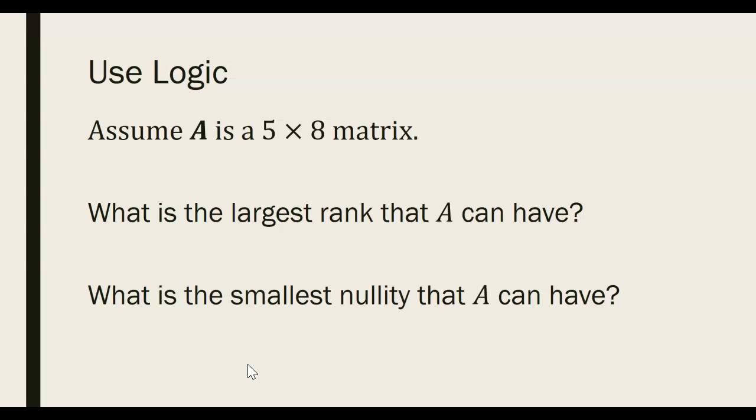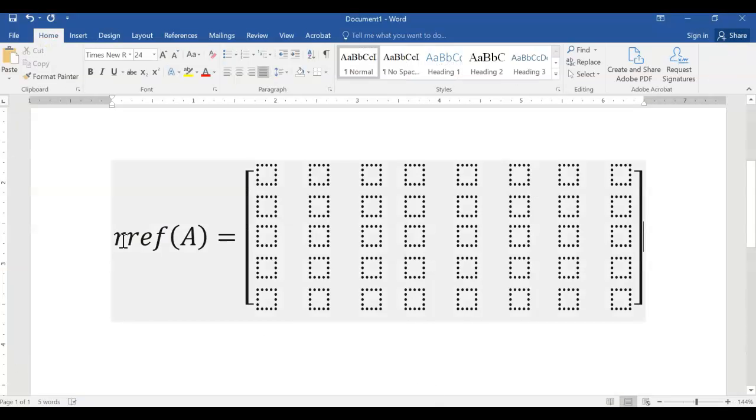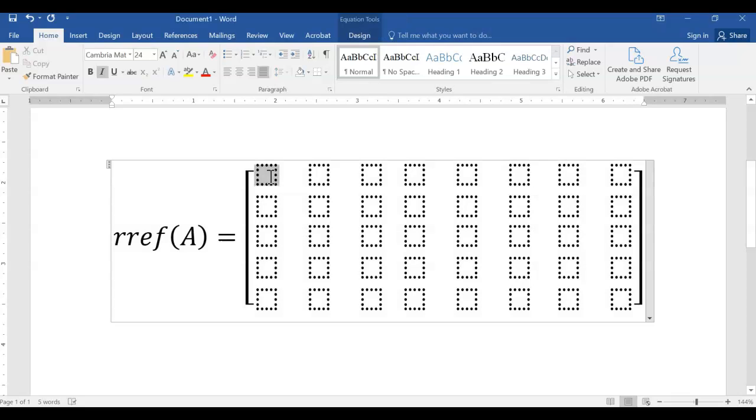All right, so hopefully you went ahead and did that. Now I'm going to look at this through the idea of our row reduced form of A. Remember, A was 5 by 8. So whatever is going to happen, the rank plus nullity has to add to 8 because we have 8 columns here. And if you think about it, we're looking for the largest rank possible. Well, the largest rank is how many pivot columns could I have?